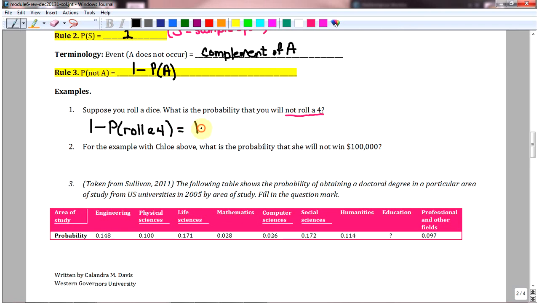What's the probability that you would roll a 4 on a die? It would be 1 out of 6. So 1 minus 1/6 gives us 5/6.